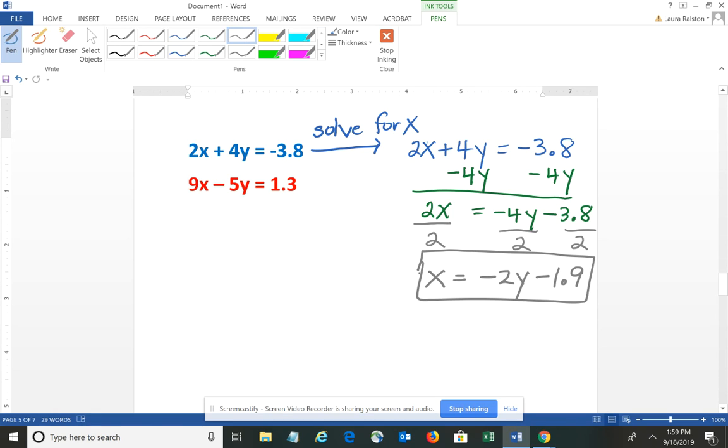So then we're going to substitute into the second equation in place of x.